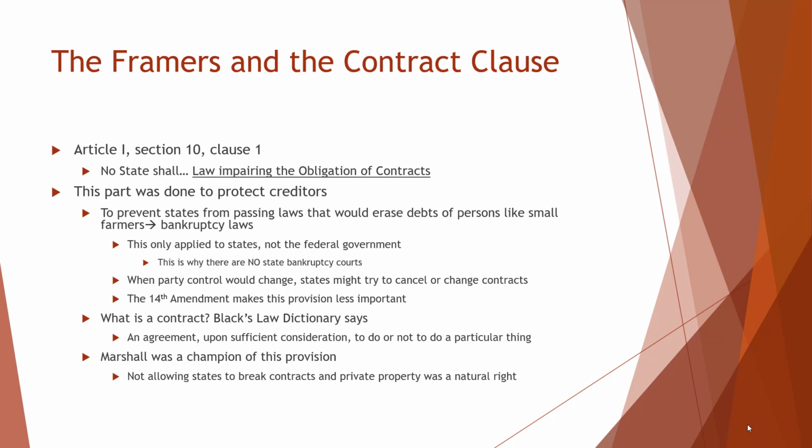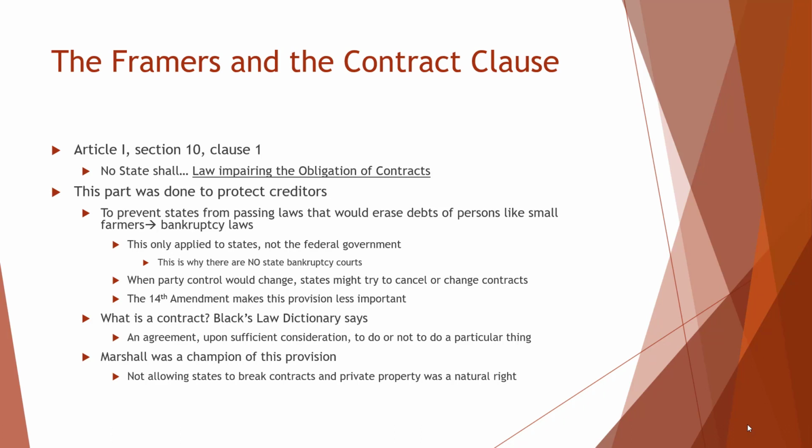But when you literally have it say, no state shall enter into any treaty, alliance, or confederation, grant letters of marque and reprisal, coin money, emit bills of credit, make anything but gold and silver a tender in payment of debts, pass any bill of attainder, ex post facto law, or law impairing the obligation of contracts, nor shall grant any title of nobility.